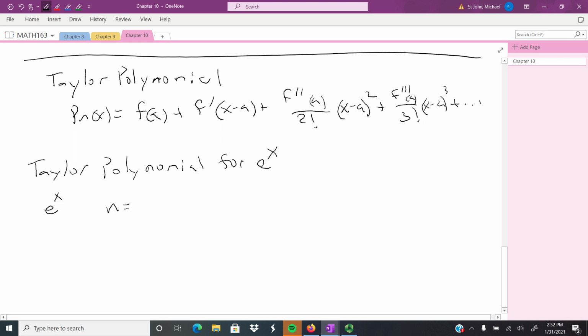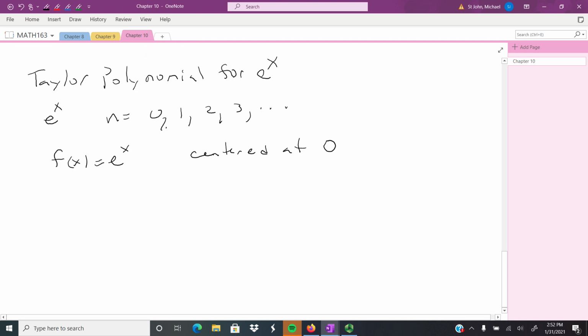And so n is going to be 0, 1, 2, 3, and so on. So f of x is going to equal e to the x, and we're going to do it centered at 0.